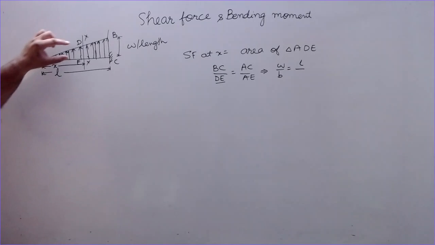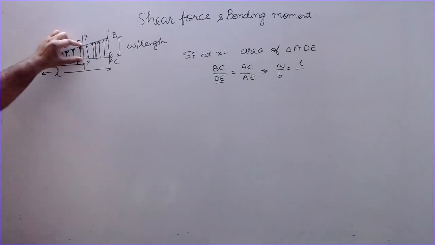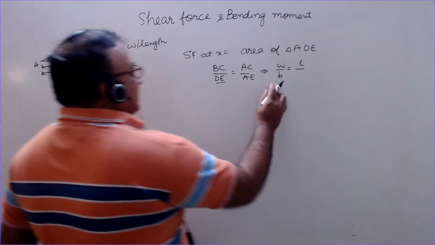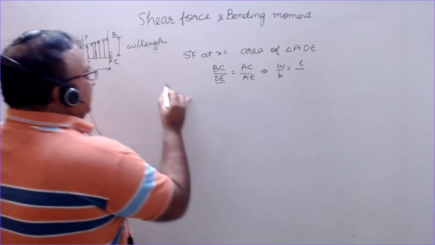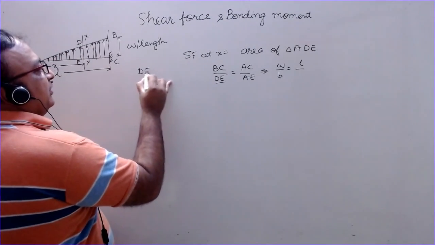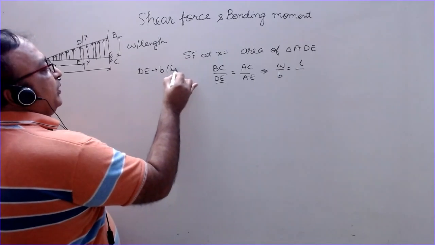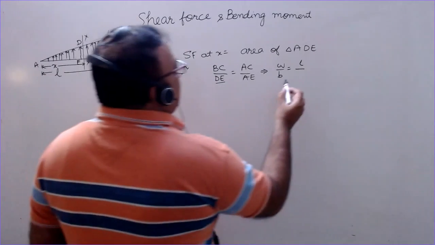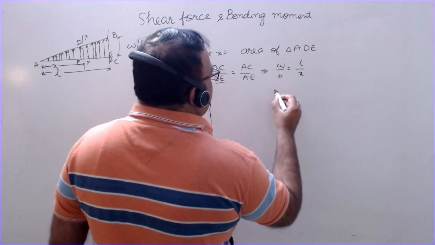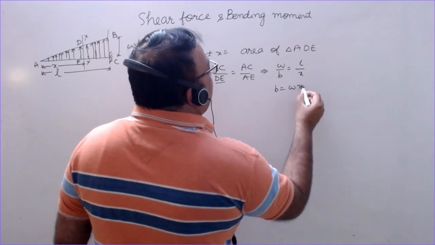So I have assumed that the rate of loading here, DE, is equal to B per unit length. So W by B is equal to L by x. So B is Wx divided by L.